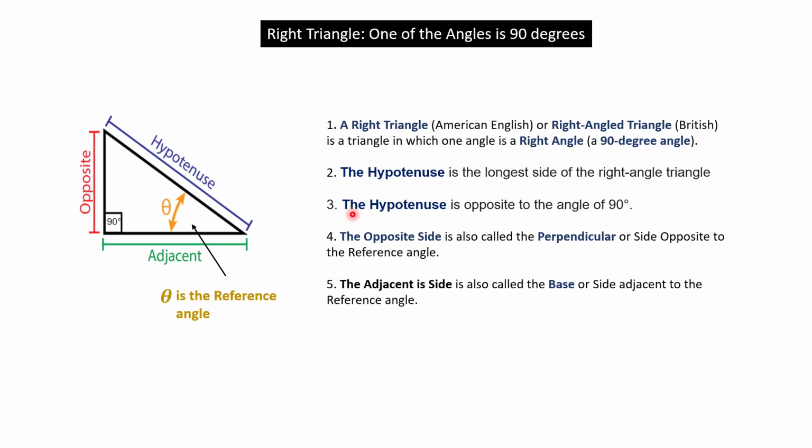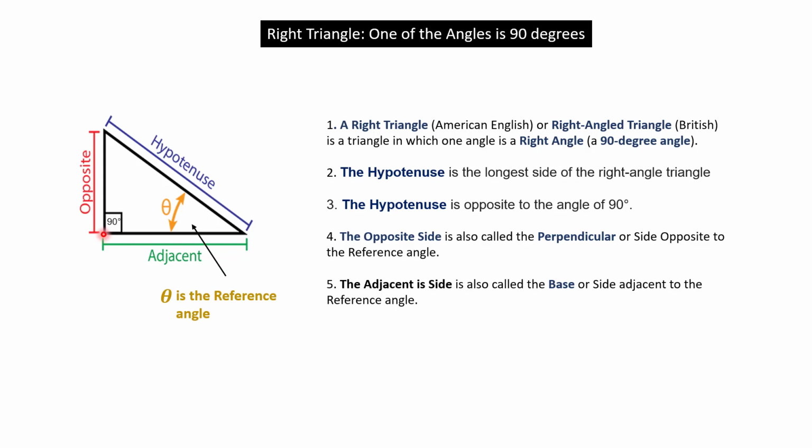The hypotenuse is opposite to the angle of 90 degrees. So this is the right angle, right? The hypotenuse always lies just opposite to the right angle, or just opposite to the internal angle that is 90 degrees.